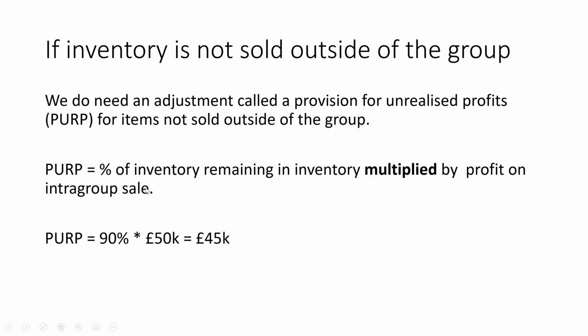And PURP is equal to the percentage of inventory remaining at the year end multiplied by the profit on the intergroup sale. So our percentage of inventory remaining at the year end was 90% because it was 100% minus 10%, and our profit figure was 50k, so our PURP adjustment is 45k.